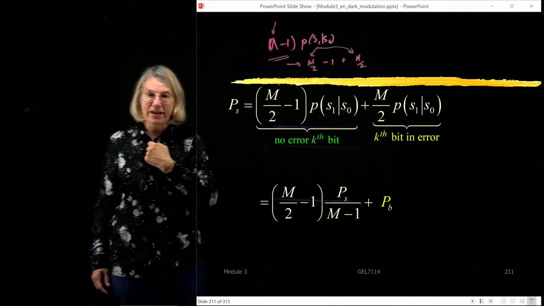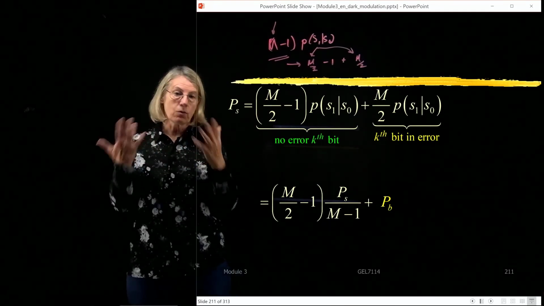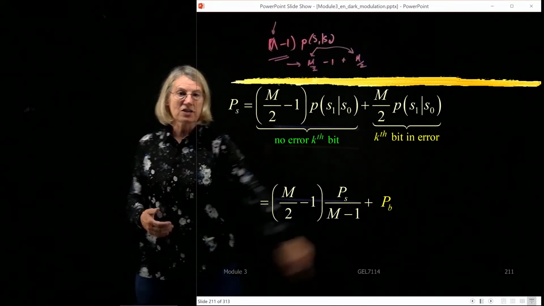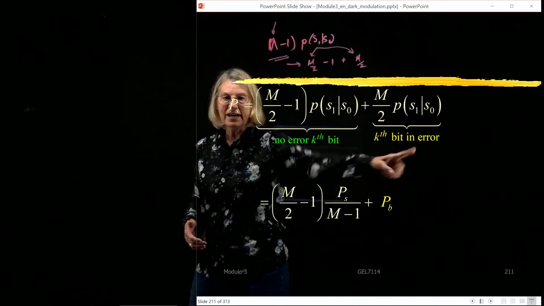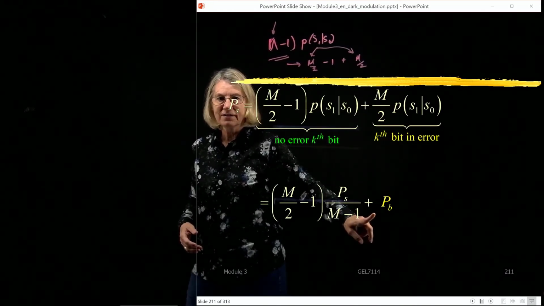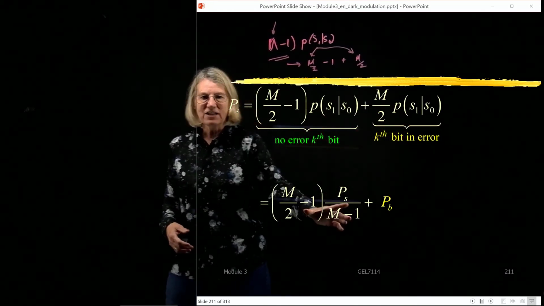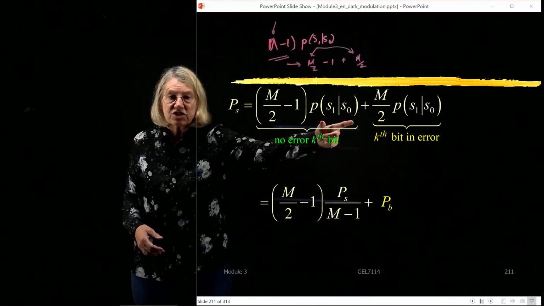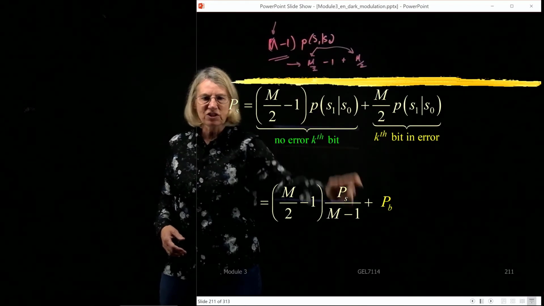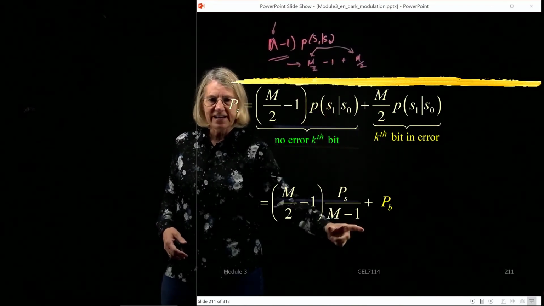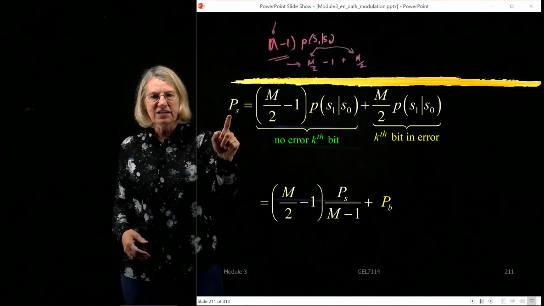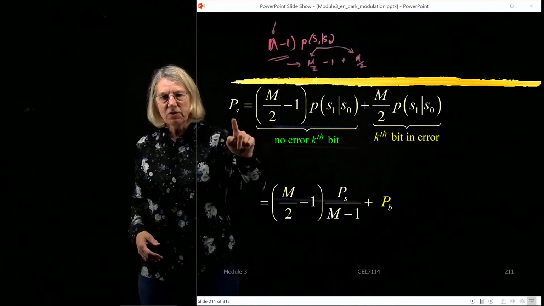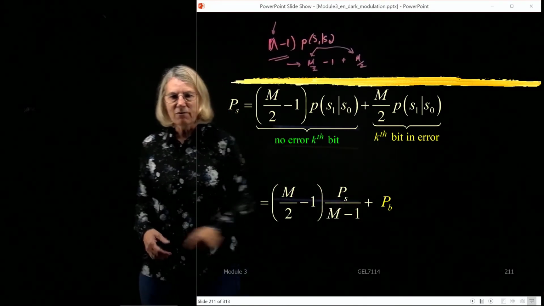And with this observation, now I can write an equation that lets me go from one to the other, because this is the probability of a bit error. And this I can write in terms of this conditional probability. I go back to my original equation and write this part here so that I end up with an equation in the symbol error rate and the bit error rate.